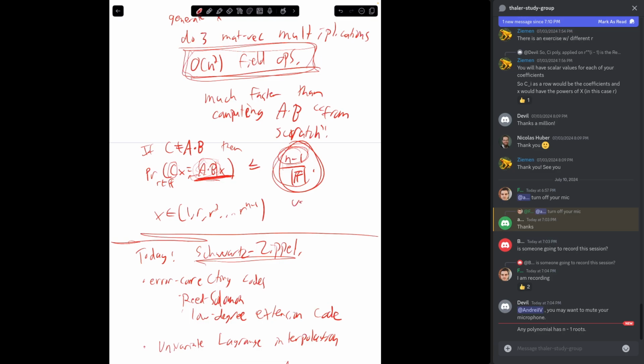So there's a variation where the failure probability, that is the probability that C does not equal A times B, yet the fingerprints match, is at most 1 over field size instead of n-1 over field size. And again, the difference is just whether you treat each row of C as a univariate versus an n-variate polynomial.